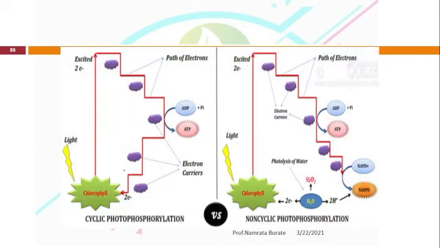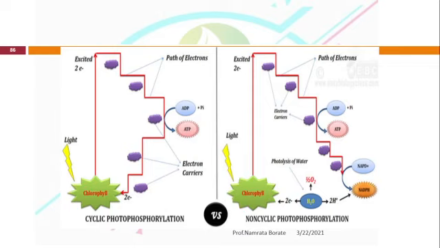Okay, so what's the difference between cyclic and non-cyclic photophosphorylation? You can see here, this is the cyclic process and this one is the non-cyclic process. Here there is involvement of only photosystem first, but here there is involvement of photosystem second as well as photosystem first.